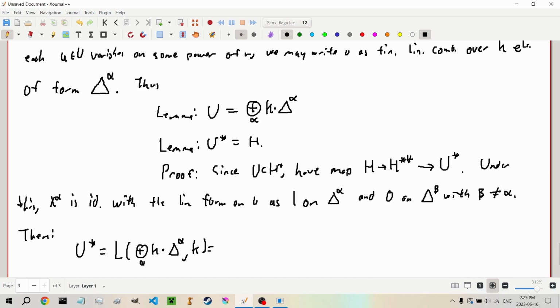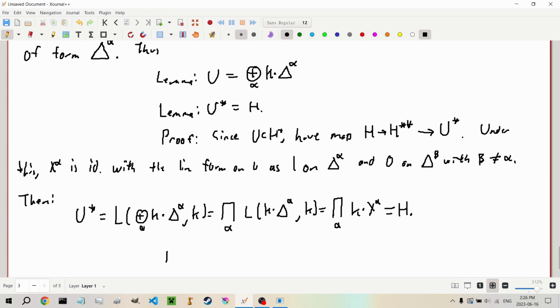K can also be written, we can pull out that sum as a product of the linear maps from each K times delta to the alpha onto K, which is just the product over alpha of K times X to the alpha by this identification, which as we know is just H. And we note that epsilon being delta 0 is the Dirac delta distribution.